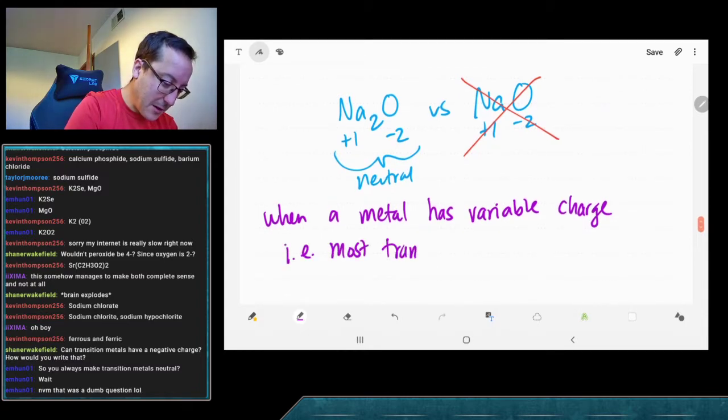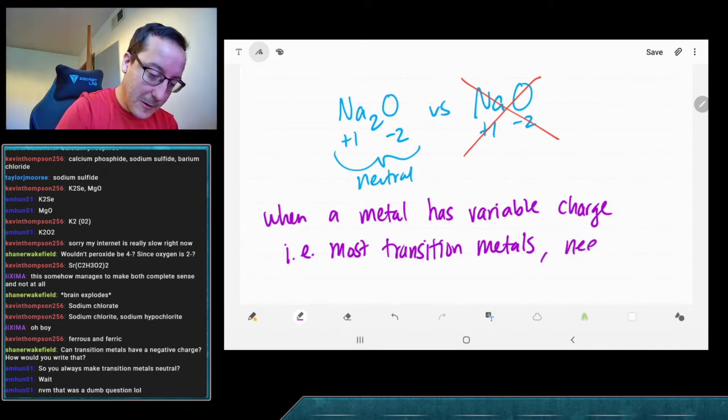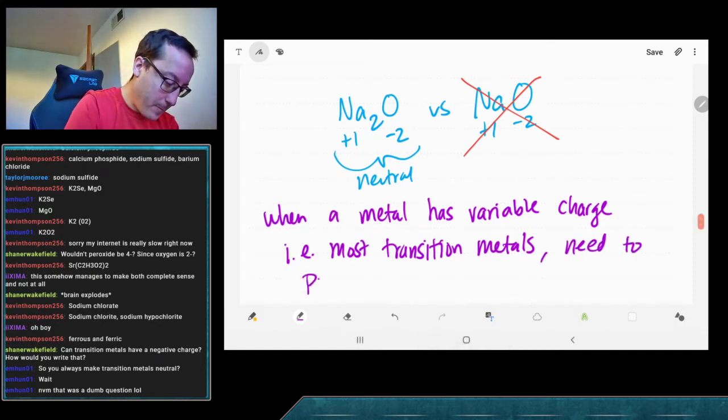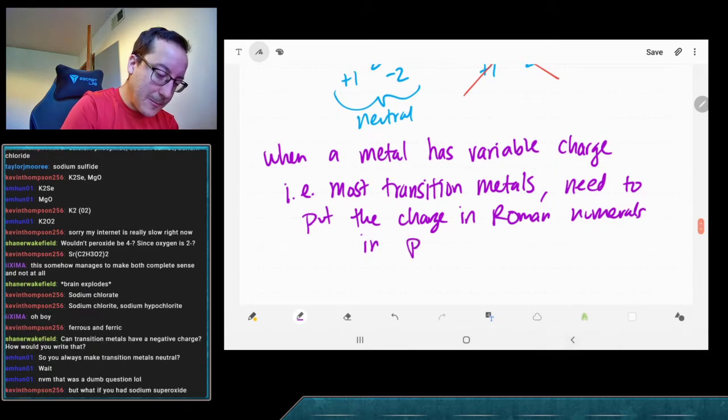Most transition metals: we need to write the charge in Roman numerals in parentheses.